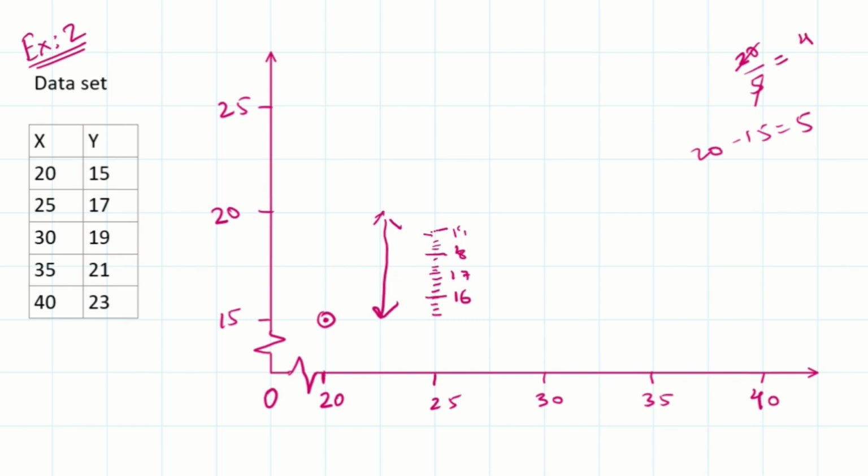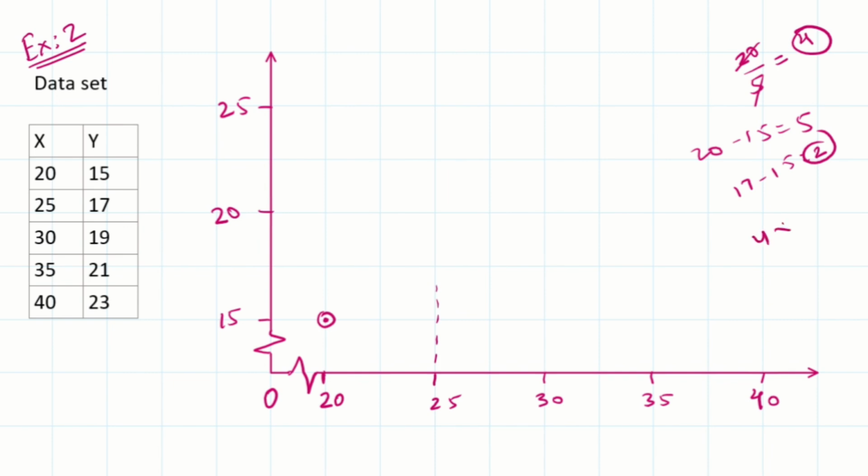So what we had to plot? We had to plot 25, 17. 25 is here, and where would be 17? 17 would be between 15 and 20. And what's the difference between 15 and 17? 17 minus 15 is equal to 2, and we have 4 divisions for each count on the y-axis.